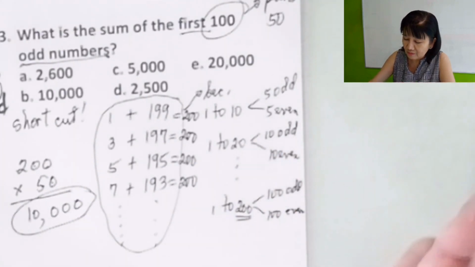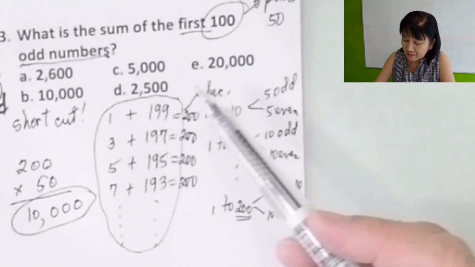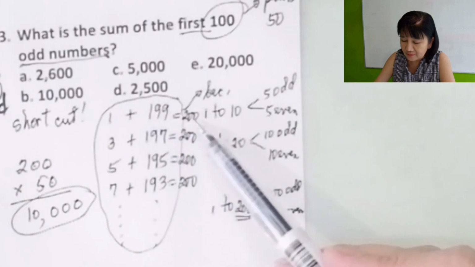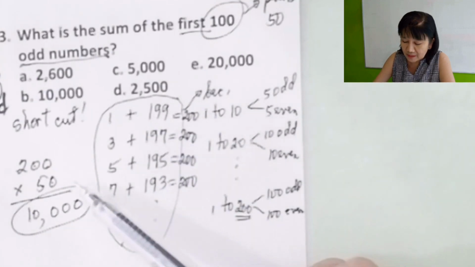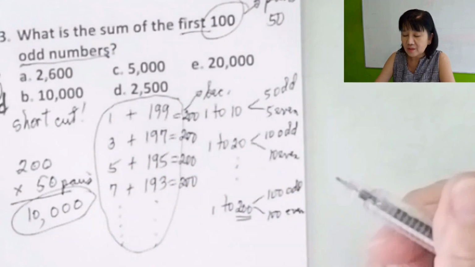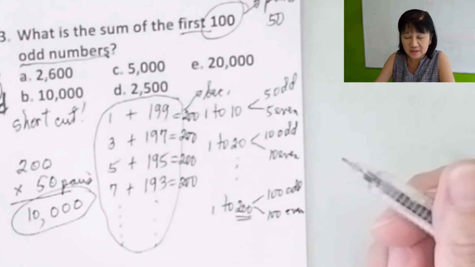Okay, repeat. You get the smallest and the biggest, and then add them, you have 200. Multiply by 50 pairs. This is the sum of the first 100 odd numbers.